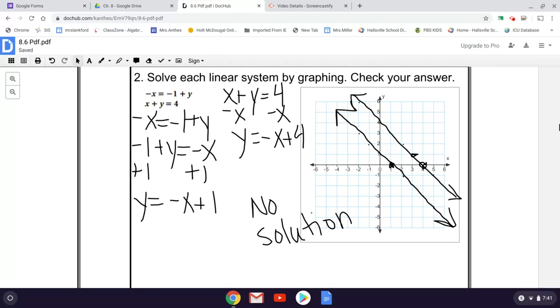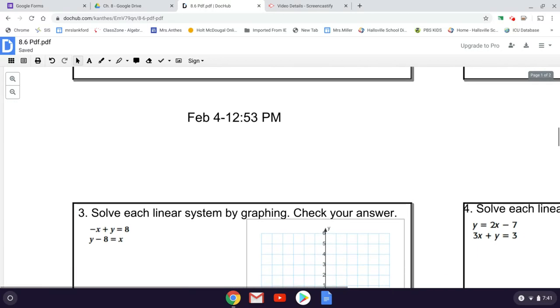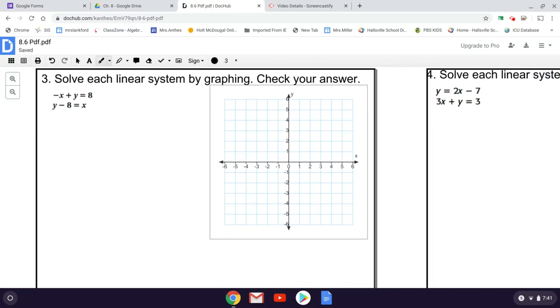All right, number 3, we're going to go through the same exact process. First we need to get the equation in slope-intercept form, so we would add x over to the right. So we would have y equals x plus 8.